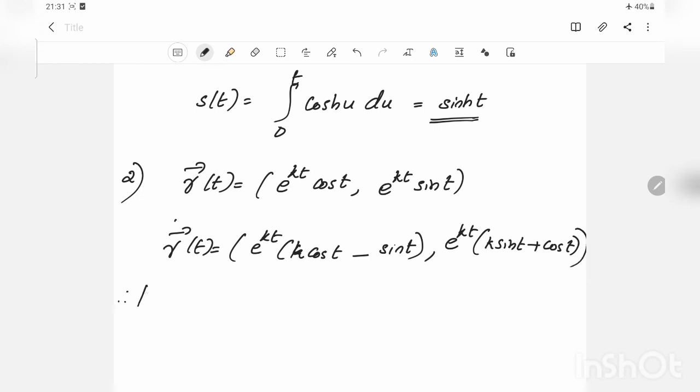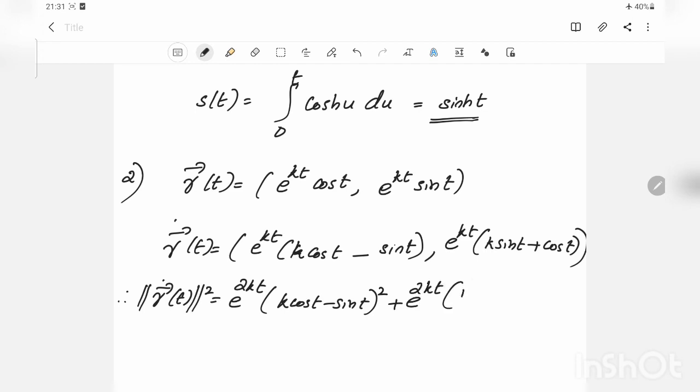And therefore the norm of gamma dot of t, the whole square, is equal to e raised to 2kt times (k cos t minus sin t) square plus e raised to 2kt times (k sin t plus cos t) square.